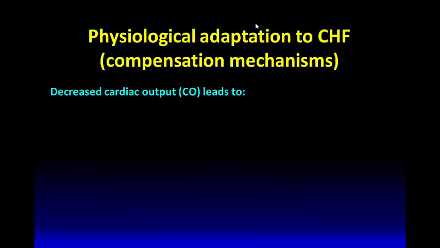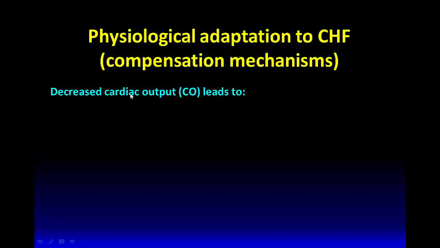Now let's describe the physiological adaptation to chronic heart failure, the compensation mechanisms. These again develop when the heart and the body have adequate time to develop these compensatory mechanisms.